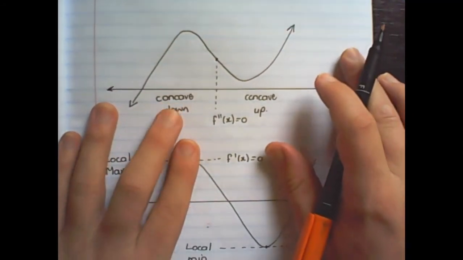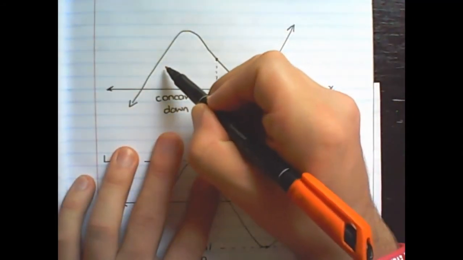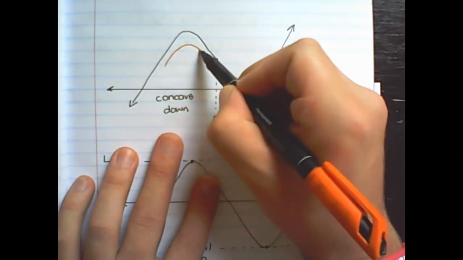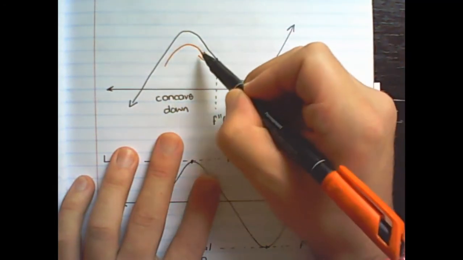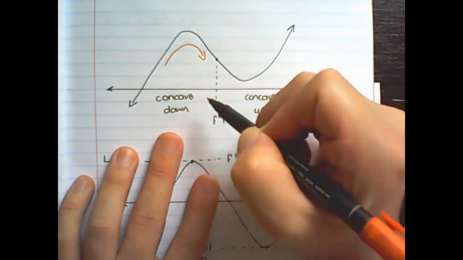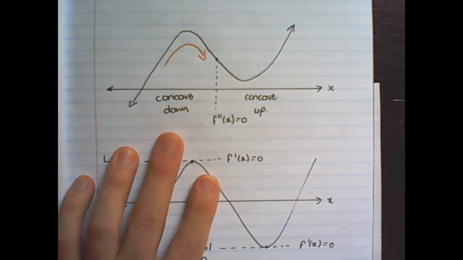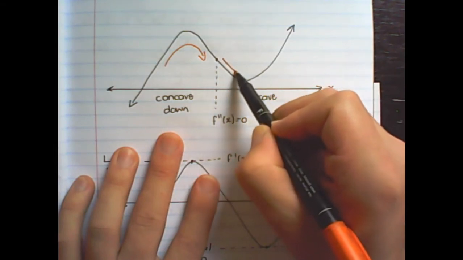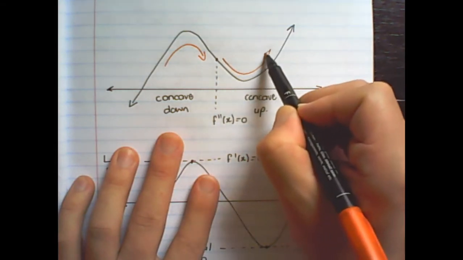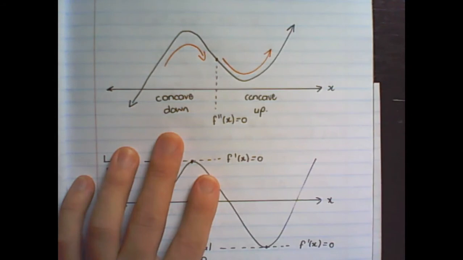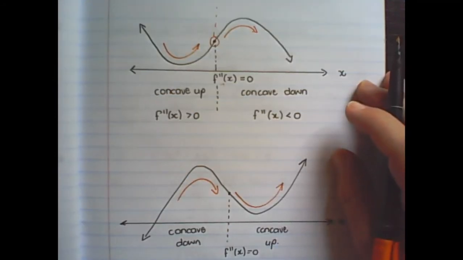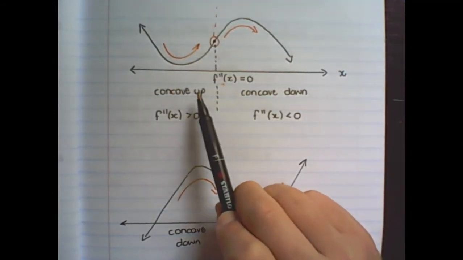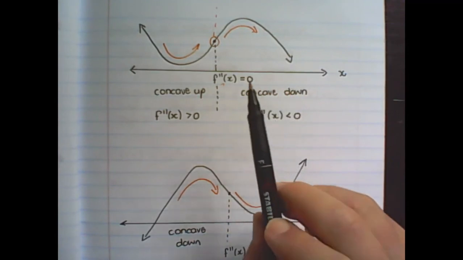In our next example, up until the point of inflection, it's concave down. So if I were to follow this direction, it will go down. And then after the point of inflection, it will turn to concave up. It's easy to get confused between when it's concave up and concave down.